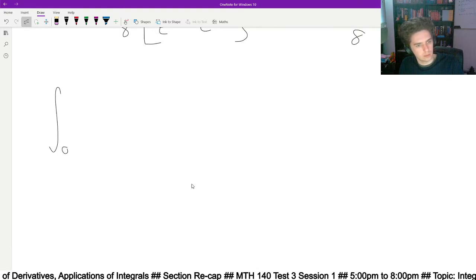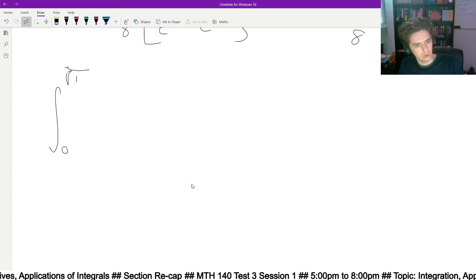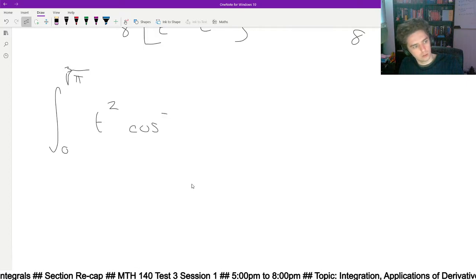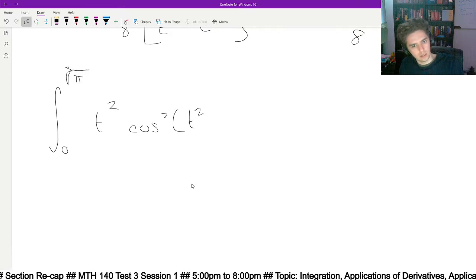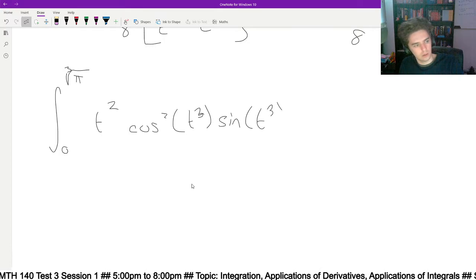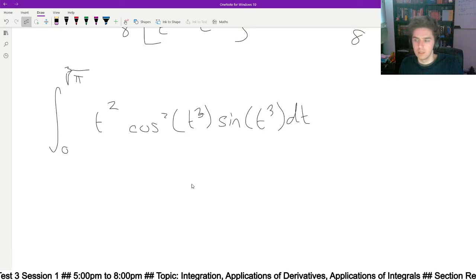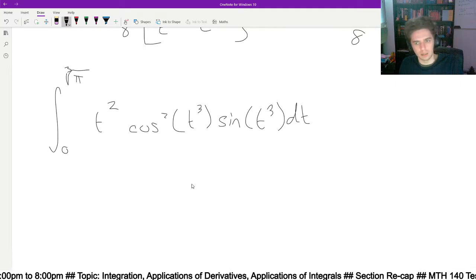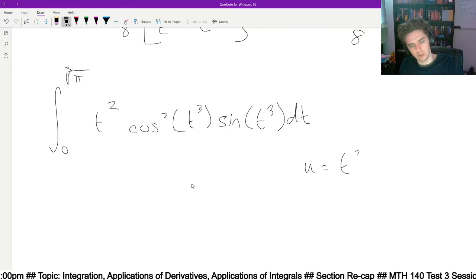Our integral is from 0 to the cube root of pi of t squared cos squared t cubed times sine t cubed dt. So in general, the thing inside the function is what I will make the u. So I'll say u equals t cubed.